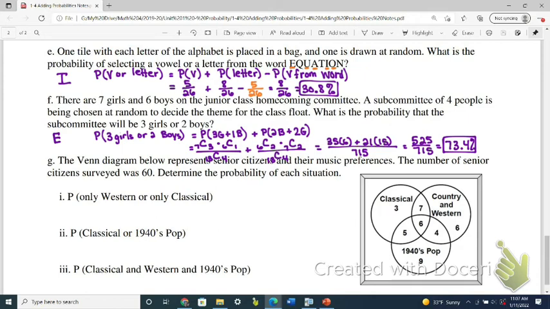Last one, we have a Venn diagram. It says the Venn diagram below represents senior citizens and their music preferences. The number of senior citizens surveyed was 60. Determine the probability.